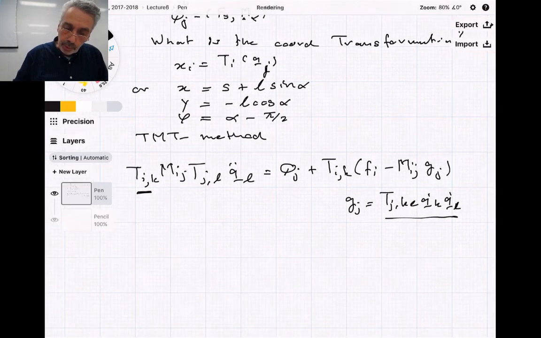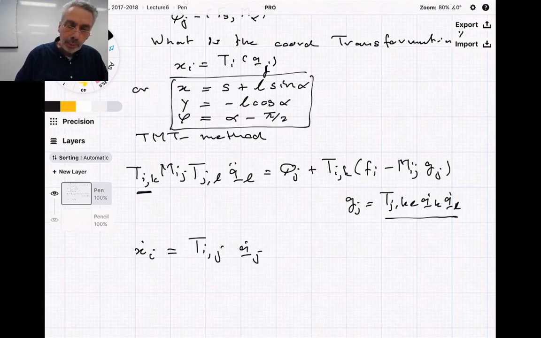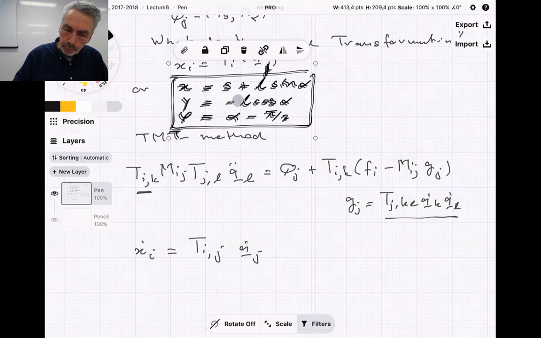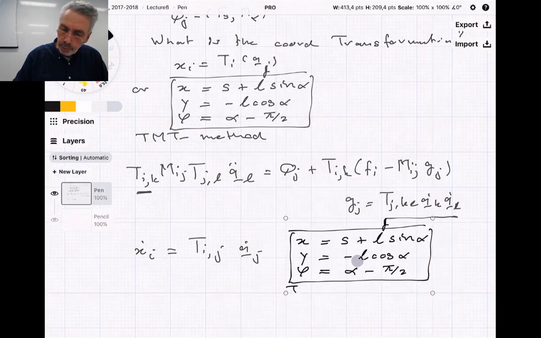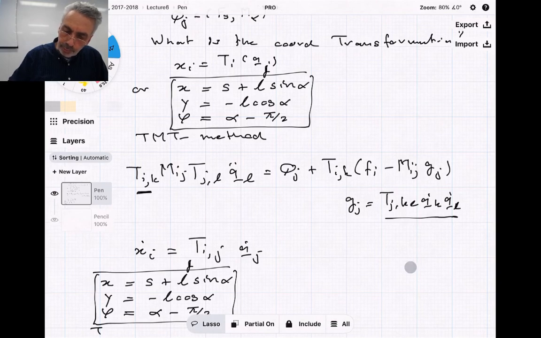So if we have our qi, we're going to find out what are the speeds, Tij q dot j. Or, forgetting about the formula, just take our positions here and differentiate them with respect to time. Copy them, put them here, and then we're going to differentiate them.